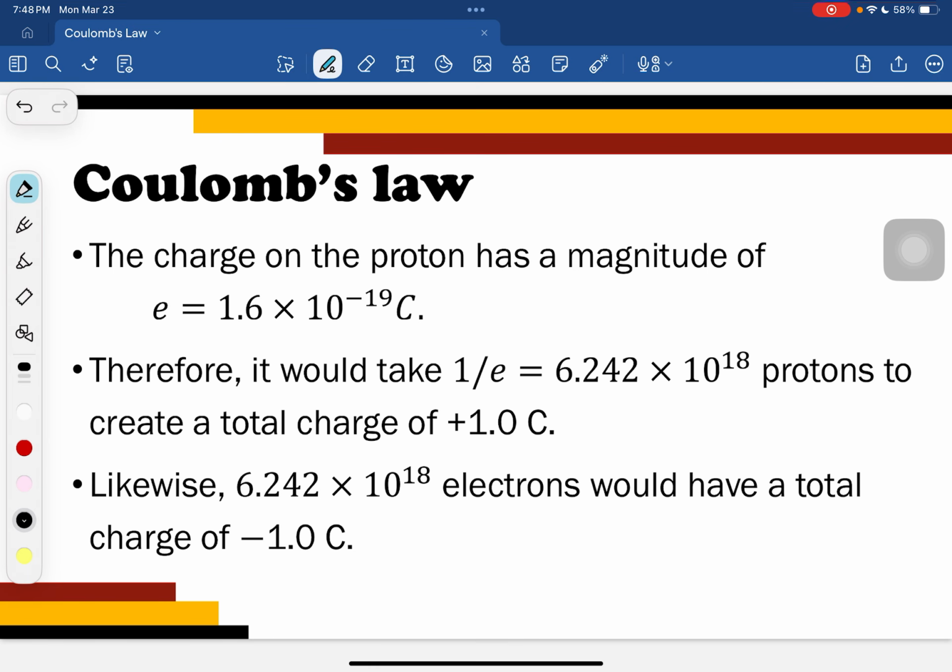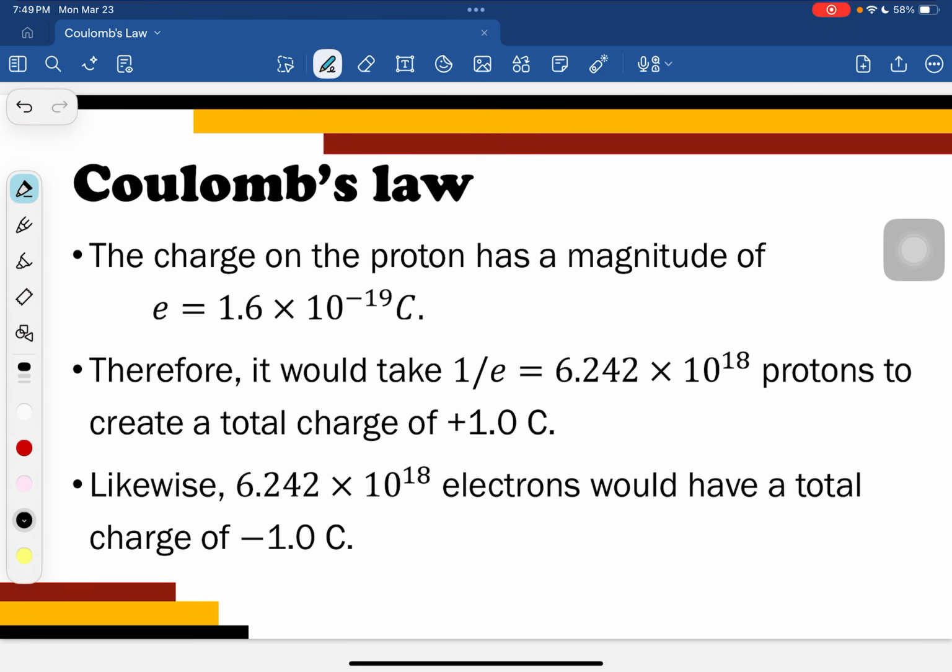For the charge of the proton, it is usually 1.6 times 10 to the negative 19 coulombs. Therefore, it would take 1 over e, or around 6.242 times 10 to the 18 protons, to create a total charge of 1 coulomb.